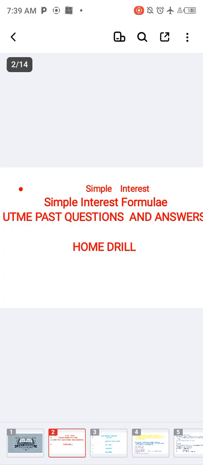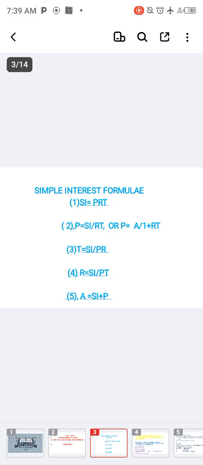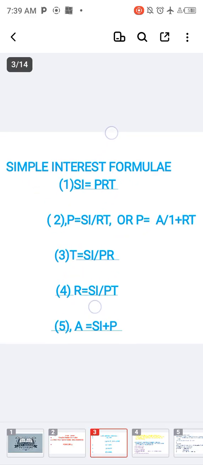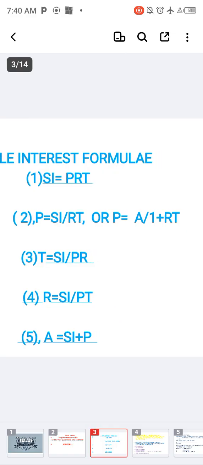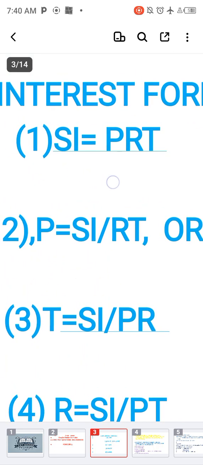So I'm going to expose you to the 5 major formulas used in tackling questions in simple interest. These are derived formulas, the major formulas used in solving questions in simple interest.